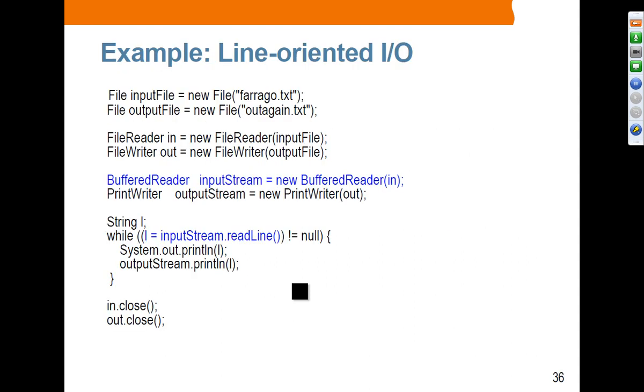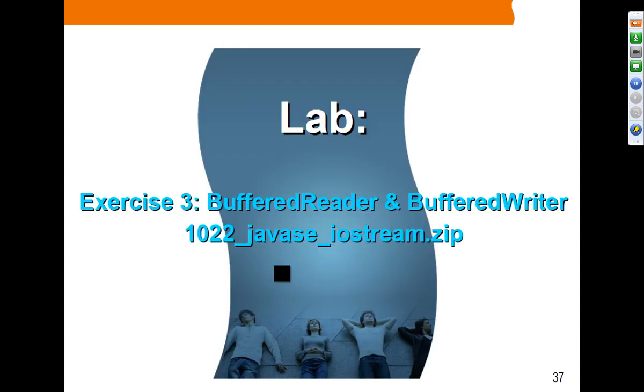We have a buffered reader here, and we can call the readLine method to read a line. Basically we read all the characters up to \n or \r\n. That is line-oriented I/O.